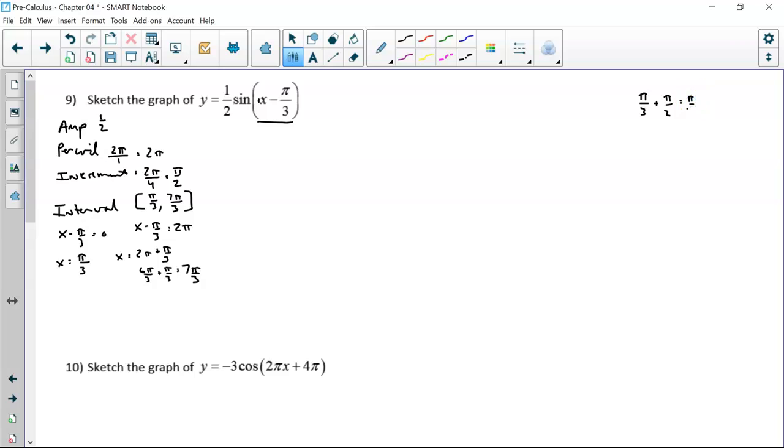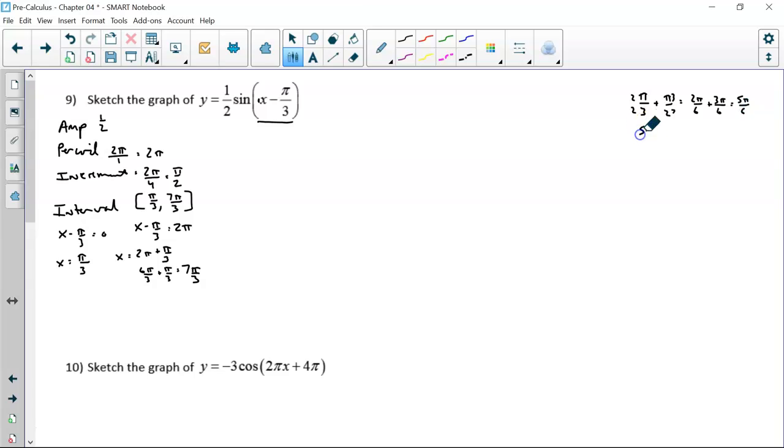Oh, sorry, let's try that again. We need our common denominator. So our common denominator is going to be 6. We multiply by 2 over 2 and by 3 over 3. So we get 2 pi over 6 plus 3 pi over 6, which is 5 pi over 6.